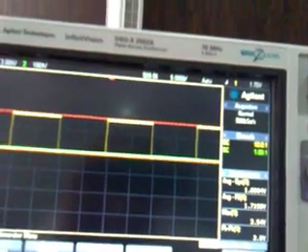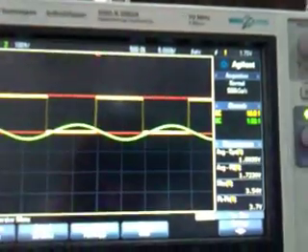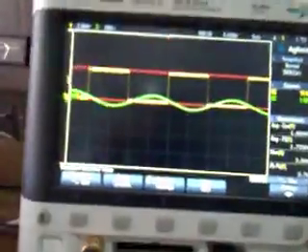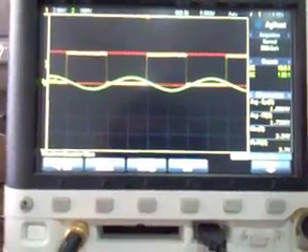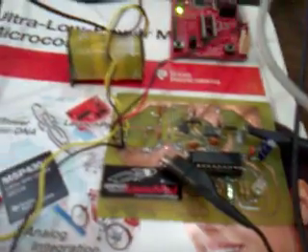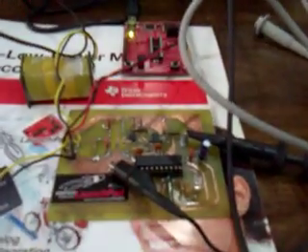When the input voltage is more than the threshold value, this LED will start blinking. So I am going to increase the input voltage. Now the LED starts blinking and it shows the arrival of a fault.